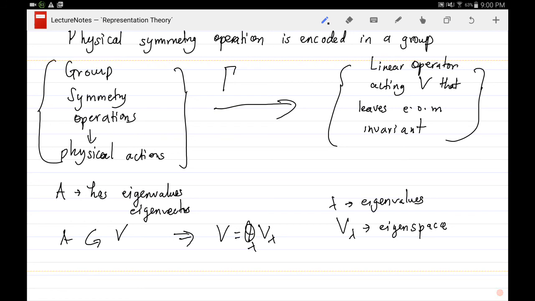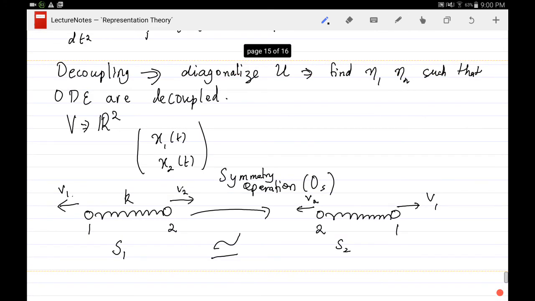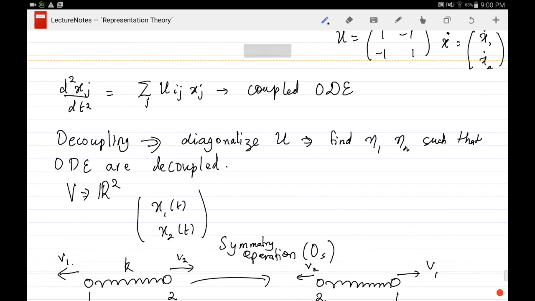So what this is reproducing is the idea of the normal modes that were introduced earlier, which I called Eta 1 and Eta 2.